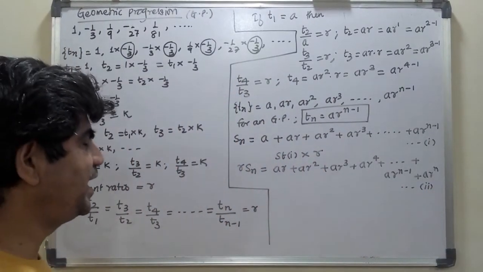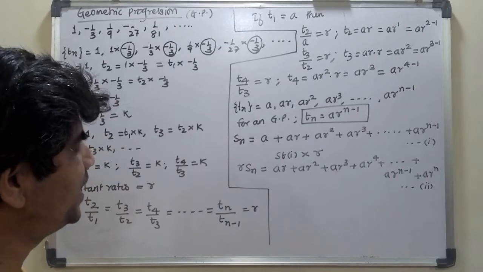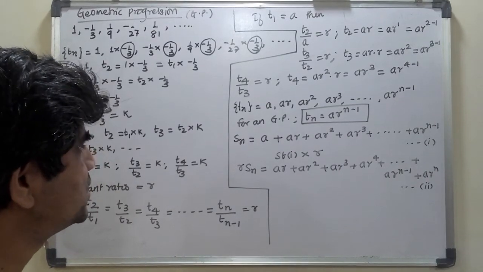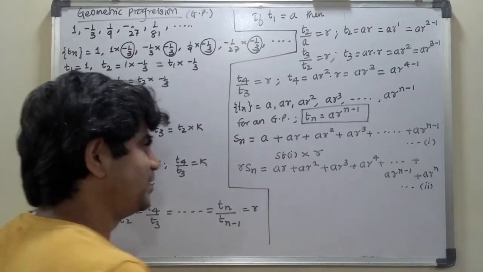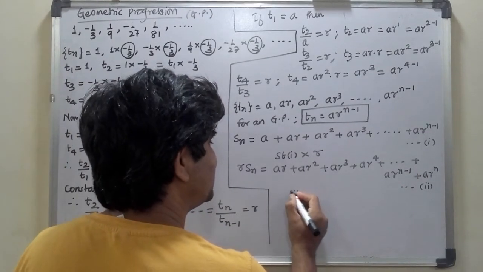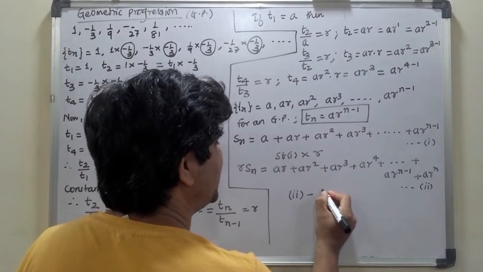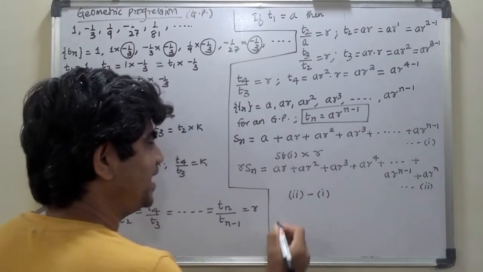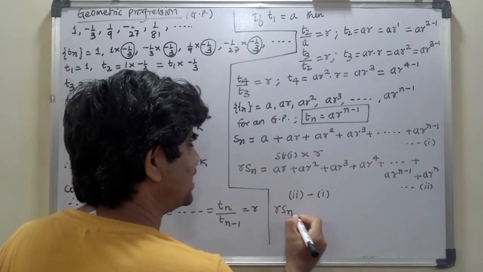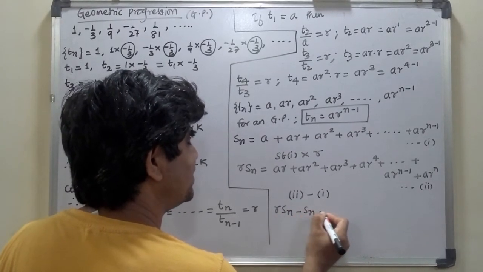I am taking the second and subtracting the first from it. So on the left side I get RSn minus Sn.